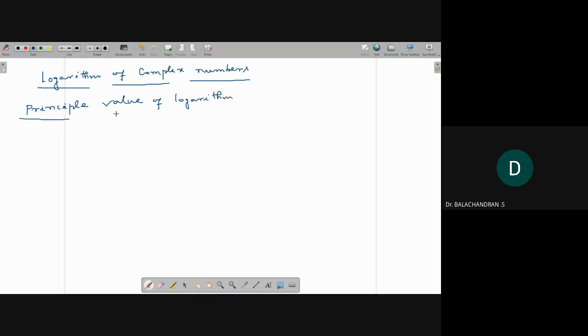Principal value of logarithm is usually denoted by a small l. Log of x plus iy is equal to 1 by 2 log of x square plus y square plus i tan inverse of y by x.